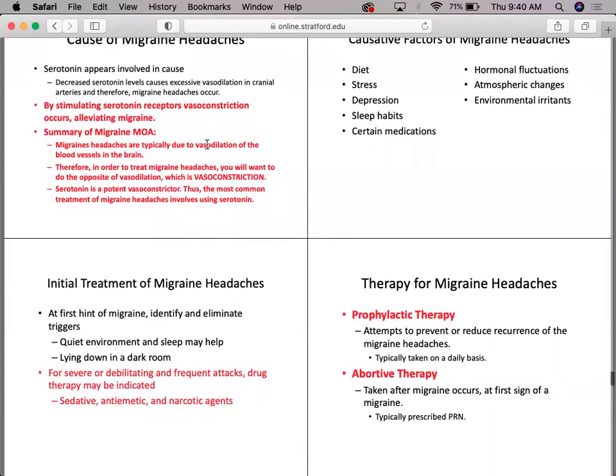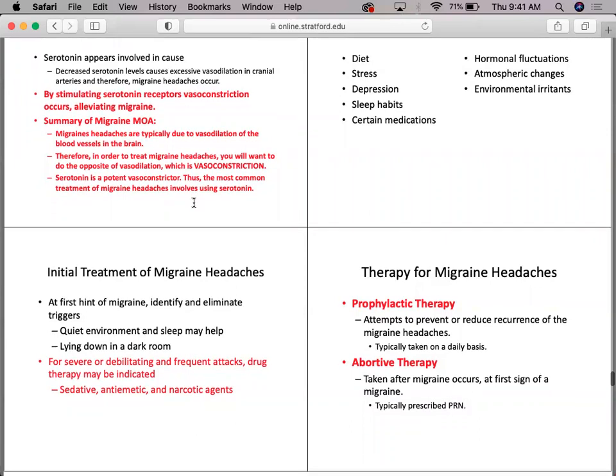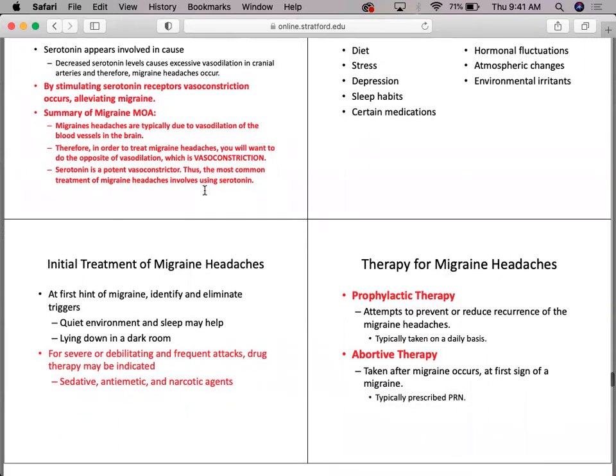So the one thing that we try to do is, of course, take away any sensory input. The patient has to be in a quiet, dark room. I was talking to some migraine patients last night, some students, and they said, Dr. Garais, sometimes when it gets really bad, even doing that and with the meds, it doesn't work. I just have to suffer through it. I'm like, wow. So you can see how debilitating that could be.